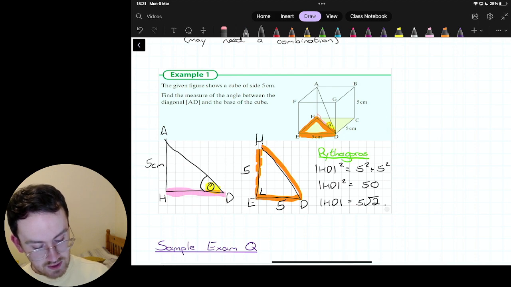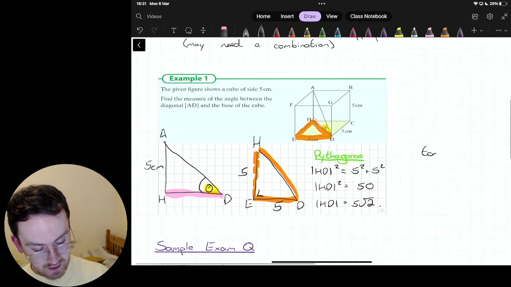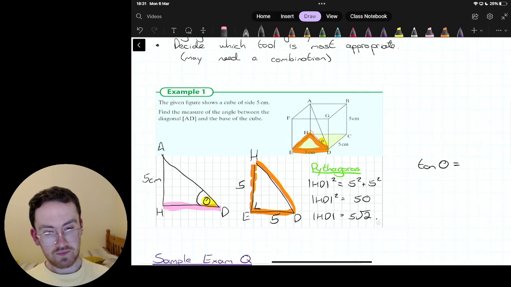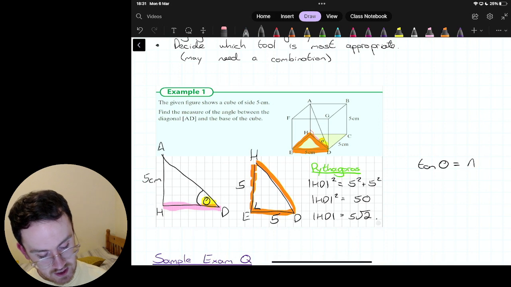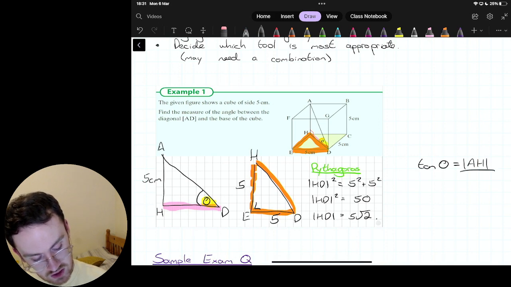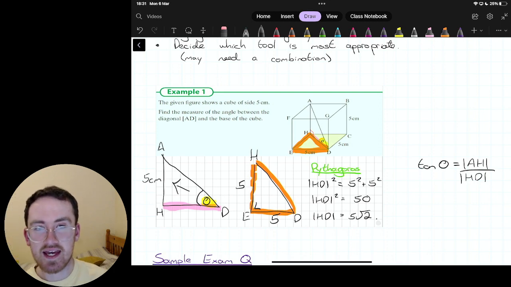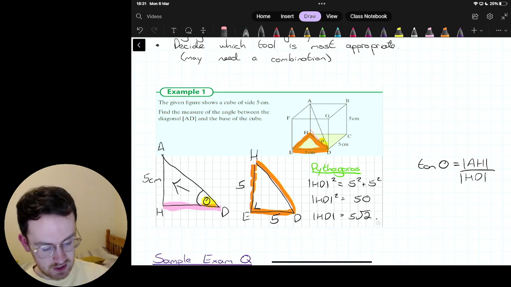Then using that in my question, I can get tan of theta, which is AH over HD. If we look at the triangle, we can see that my opposite side is AH, and my adjacent side is HD.